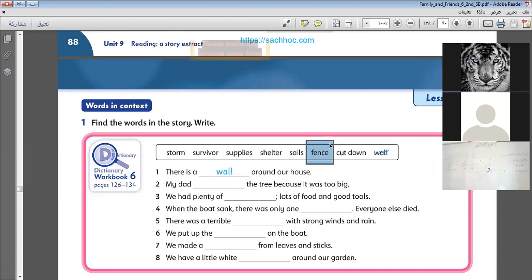It's marked fence, do you see it? Yes, teacher. It's fence. Okay, fence. Thank you. Welcome.